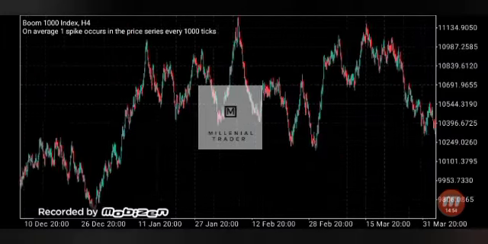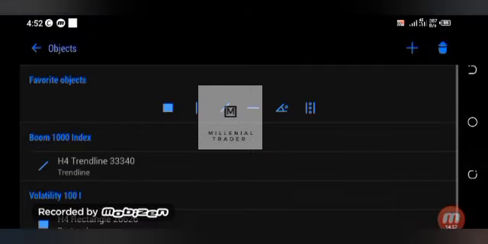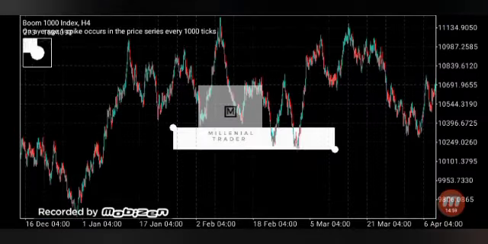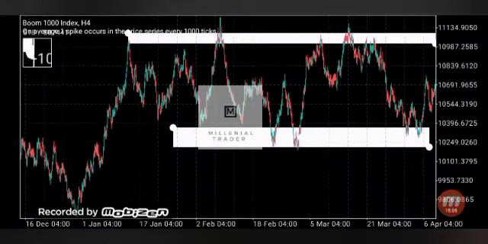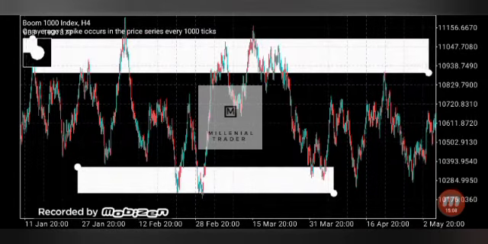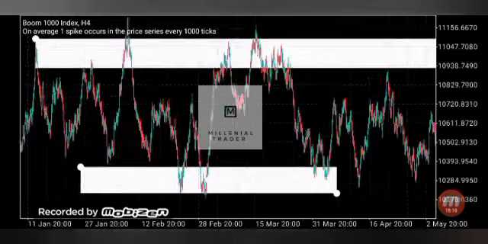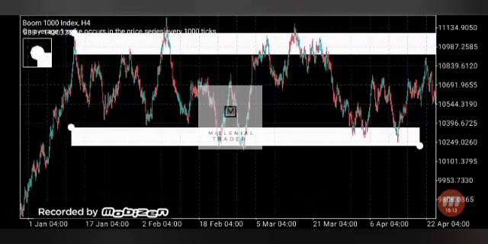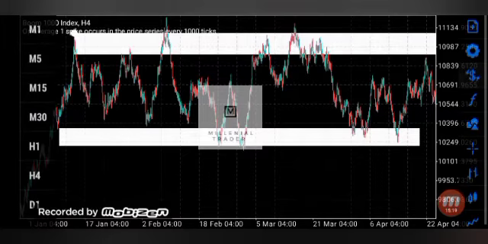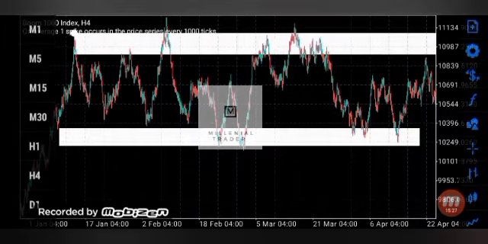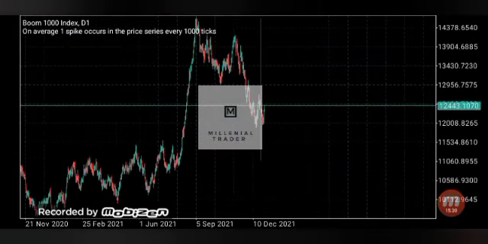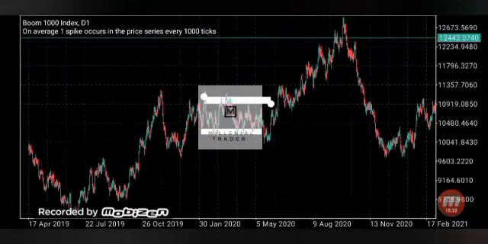Okay, let me show you. This is an example of a ranging market. I'm going to highlight it for you. You might not be able to see well, so let me go to the day one time frame. This is the day one time frame.